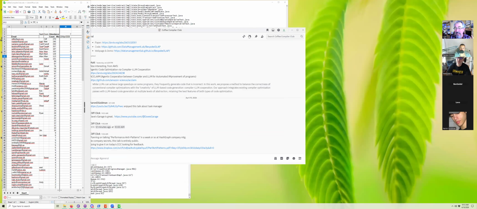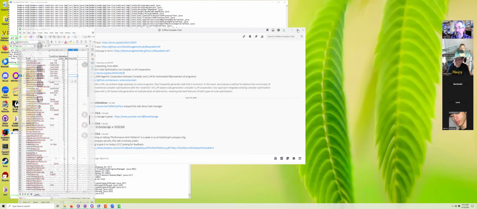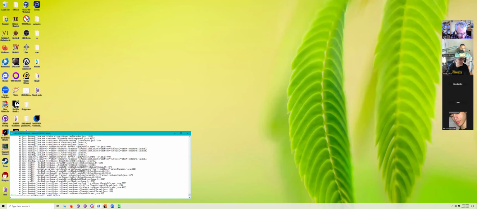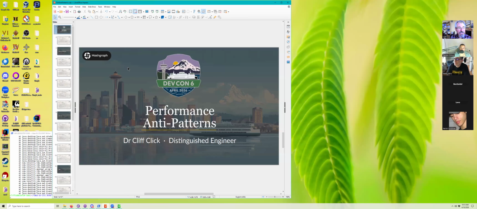For me, everyone can see my screen except me. That's not very helpful if I'm trying to read my slides. Can you guys see the slide here? It's just performance anti-patterns. Yeah, I can see it. Oh, my whole screen. You're sharing the whole screen. That was not the intent.